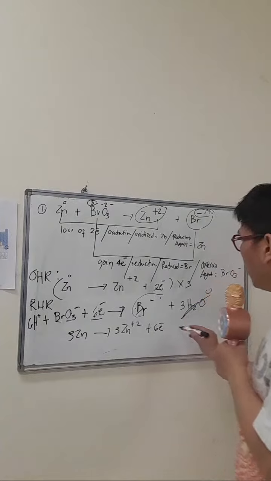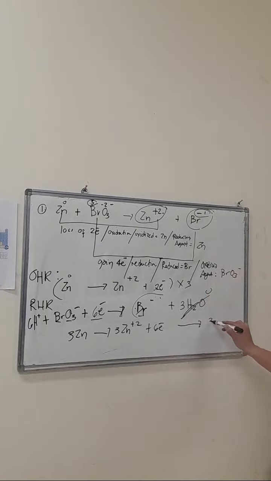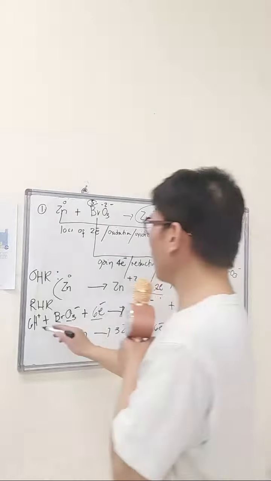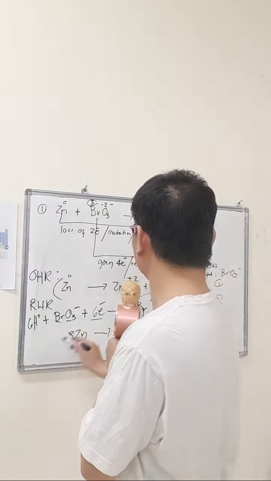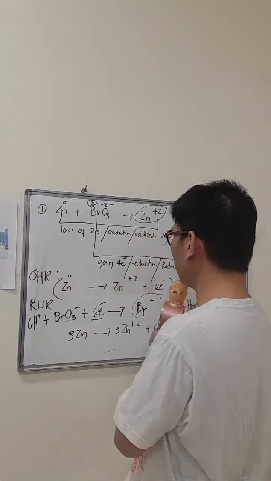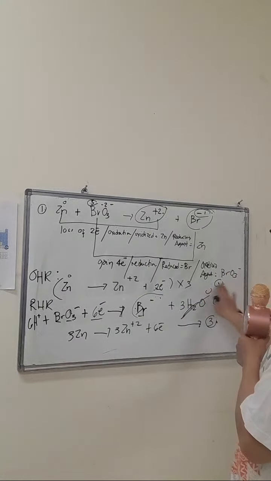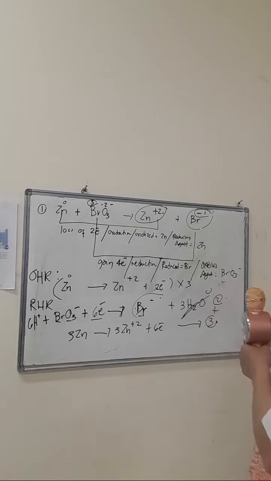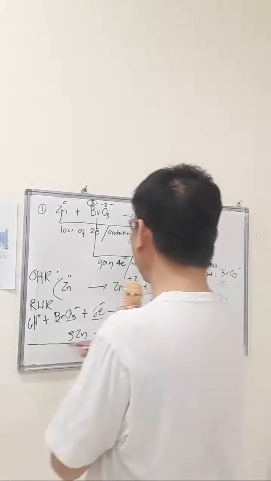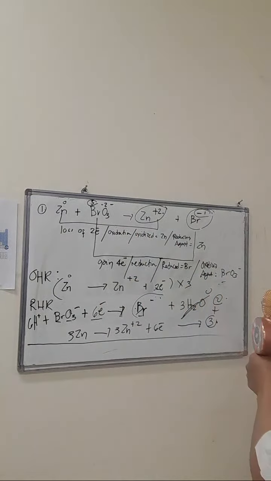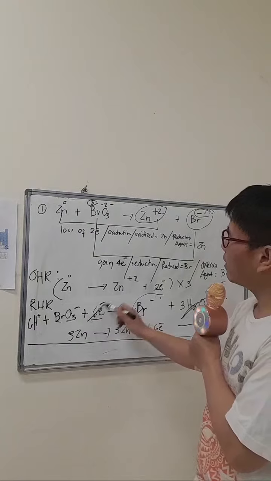So this is now your equation number 3. Equation 1, equation 2. Now you need to add equations 2 and 3. Next, the 6 electrons will be cancelled automatically because they are on opposite sides.